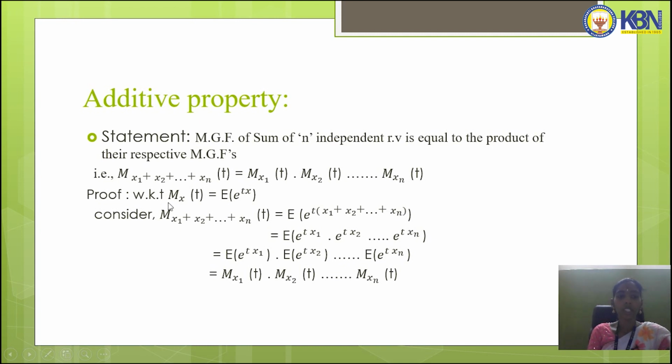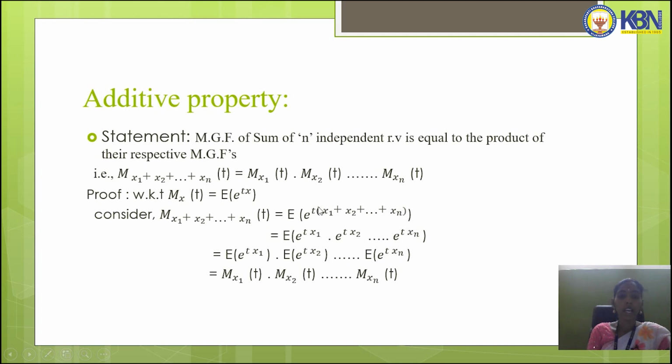Proof: we know that the moment generating function is defined as expectation of e^(tX). Let's consider the moment generating function of the sum of n independent random variables. That equals expectation of e^(t(X1 plus X2 plus and so on Xn)).